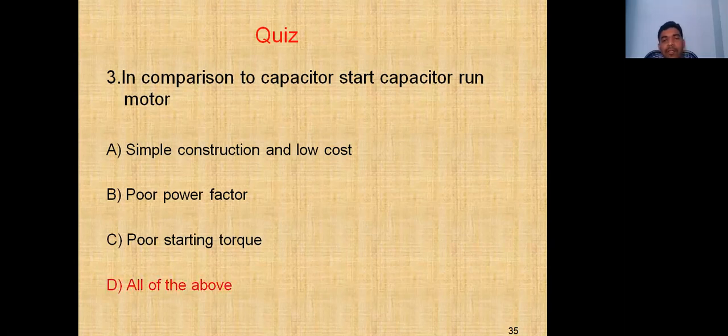So in comparison to the capacitor start induction motor, the capacitor run motor has simple construction and low cost, but poor power factor and poor starting torque. So, all of the above.